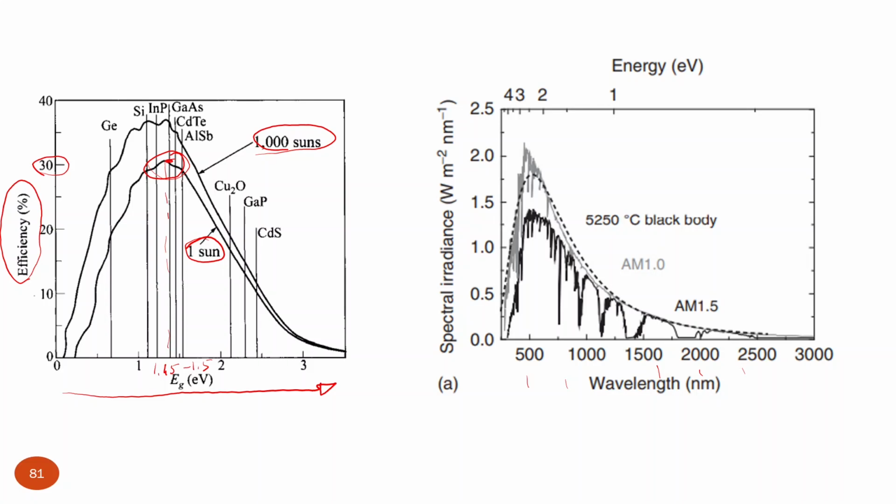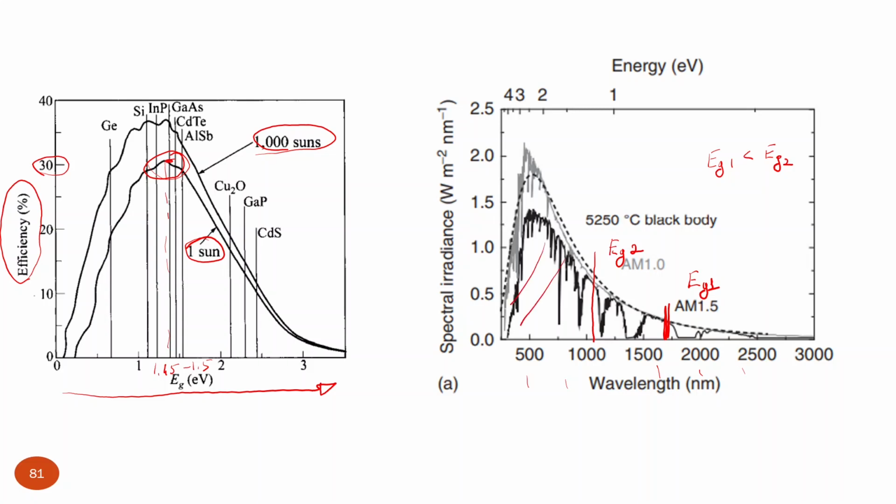So from this point of view, we want a narrow band gap material because it will absorb here. If we have EG1 and EG2, and EG1 is smaller than EG2, it means that we will efficiently use a broader range of the solar spectrum.